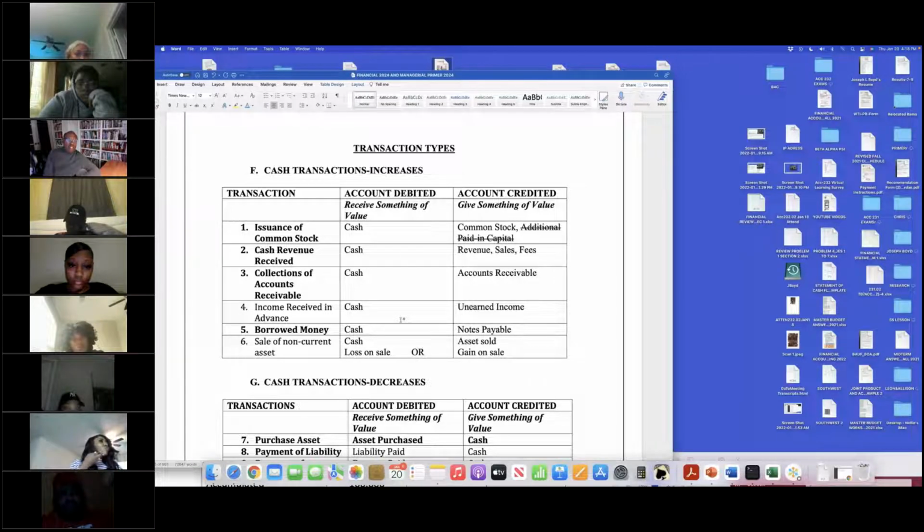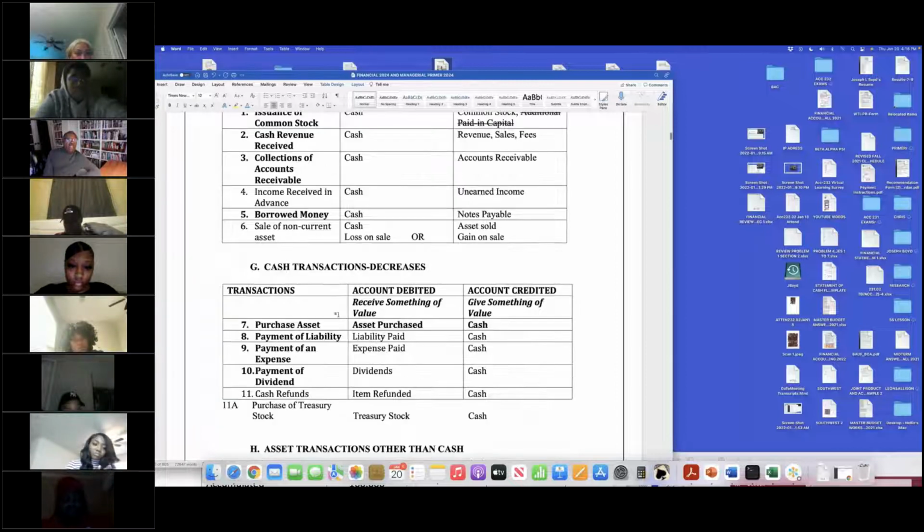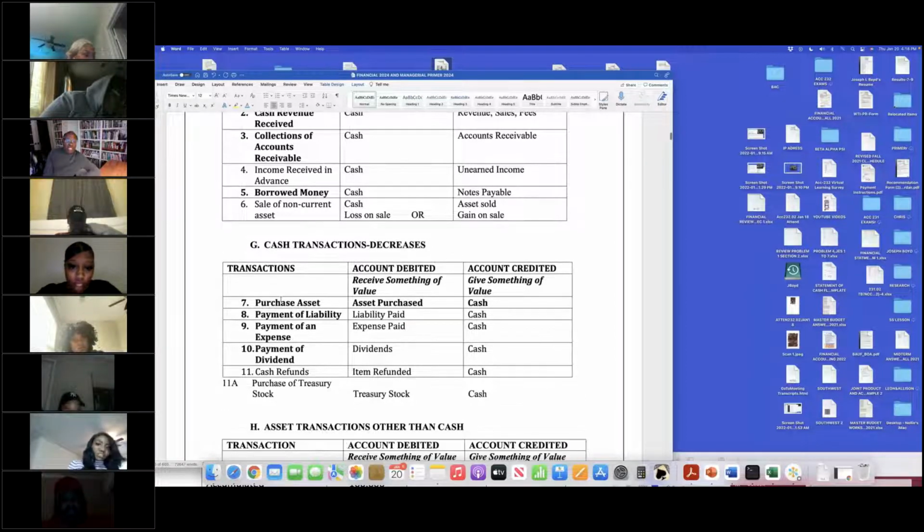Then we have the situation where we paid cash out, and there were 11 situations. Whenever you paid cash out, you credited cash. If you purchased an asset, you had to say what type of asset it was, but you credited cash. If you paid a liability, you had to credit cash.